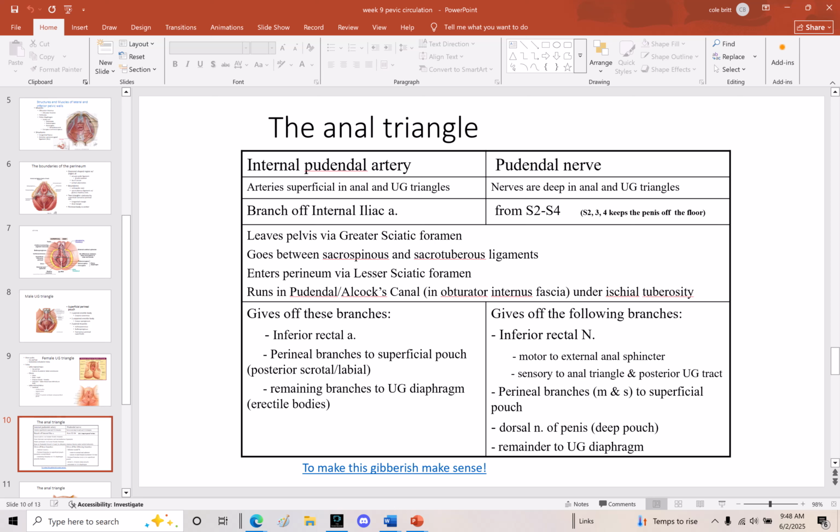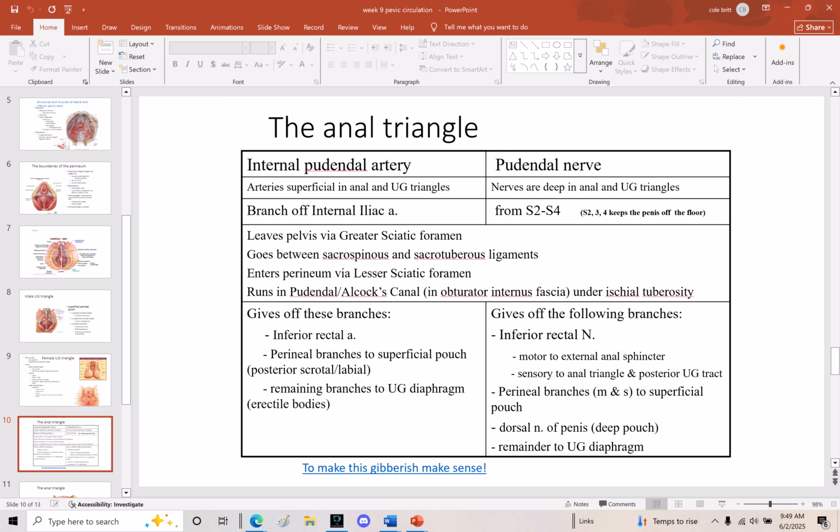Passes between the sacrotuberous and sacrospinous ligaments through what's called Alcock's canal, or pudendal canal, and goes through, and it passes through the lesser sciatic foramen. Gives off our inferior rectal, our perineal arteries, nerves, going to the different perineal muscles and the external sphincter.